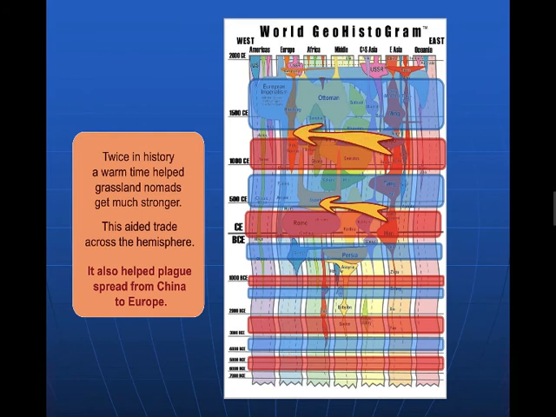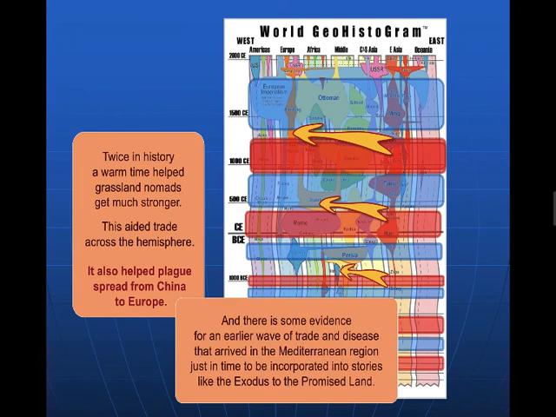This happened, like we know, twice in history, right at the end of a relatively warm time. The first one is called the Byzantine Plague, and it helped break the Roman Empire further apart. The second one was the Black Plague.